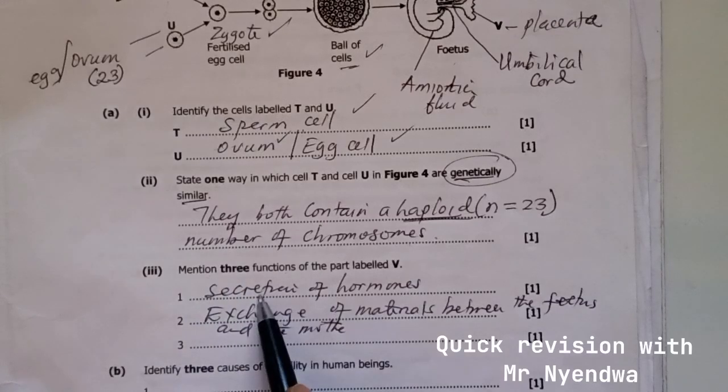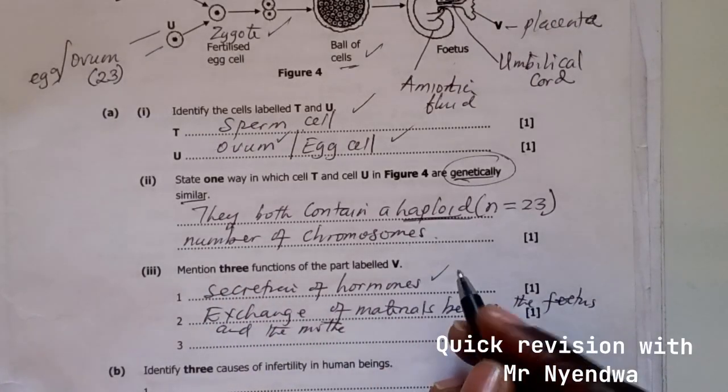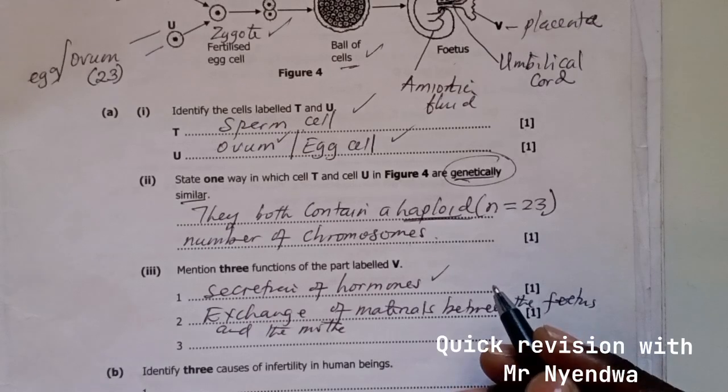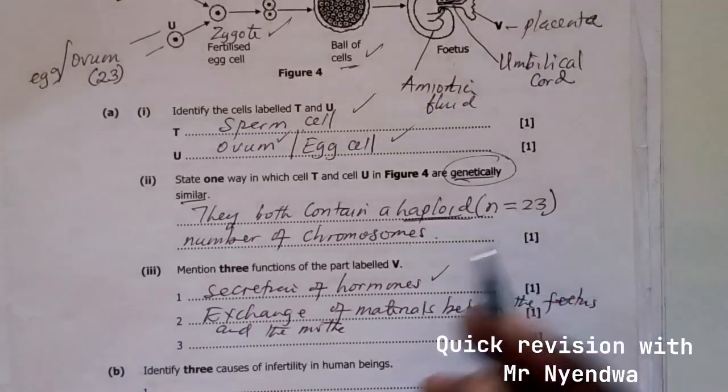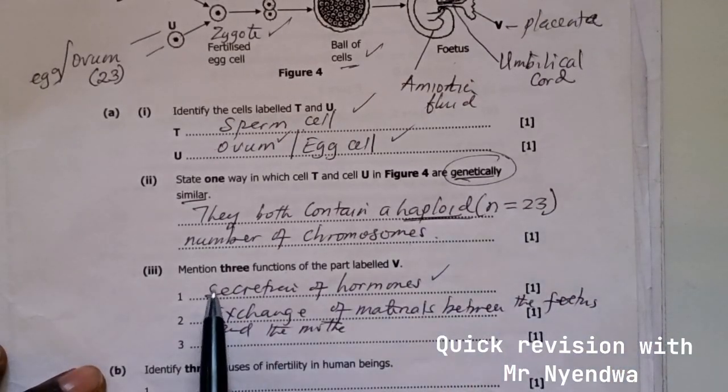One is the secretion of hormones. It is able to produce hormones like HCG, the human chorionic gonadotrophin. There are other hormones that can also be produced.